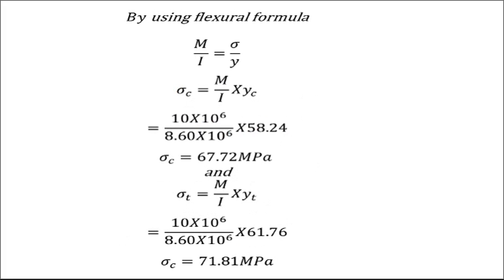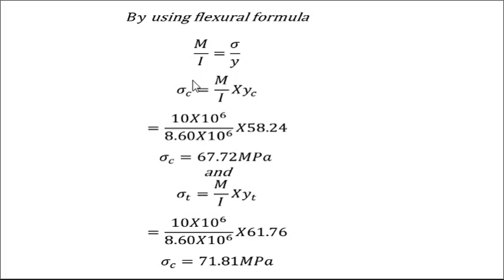After that, by using the flexural formula, we know the flexural formula, that M upon I is equal to sigma upon y. M is the maximum bending moment or moment of resistance, I is the moment of inertia of the whole section, sigma is the bending stress, and y is the distance of the neutral axis from the extreme fiber, right?